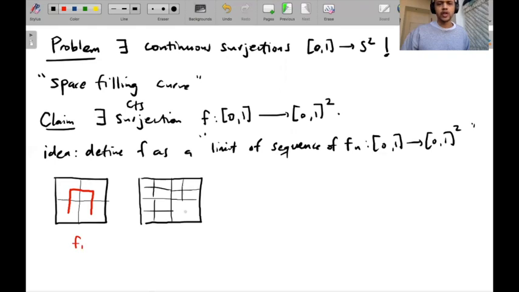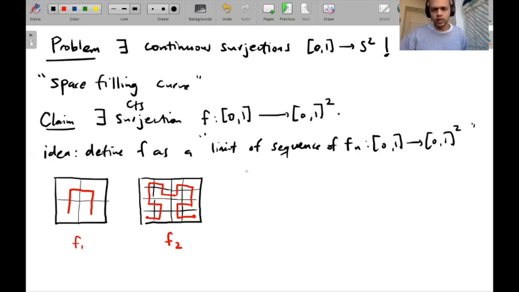In each of those, I'm going to put the picture of F1, but in a way so that the curve starts here and ends here and visits every square. Inside of here we have the image of F1. Here's another image of F1, another, and then another. We connect these up to get a single path. Okay, so this is F2.